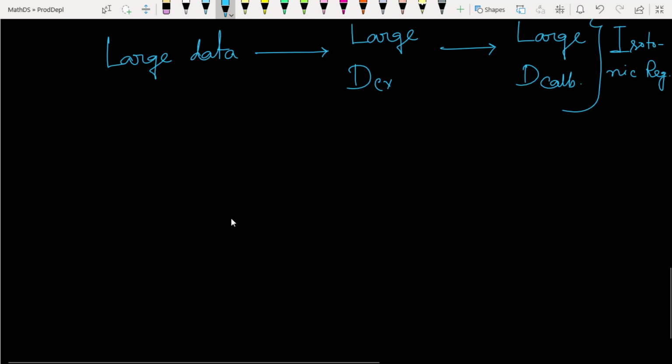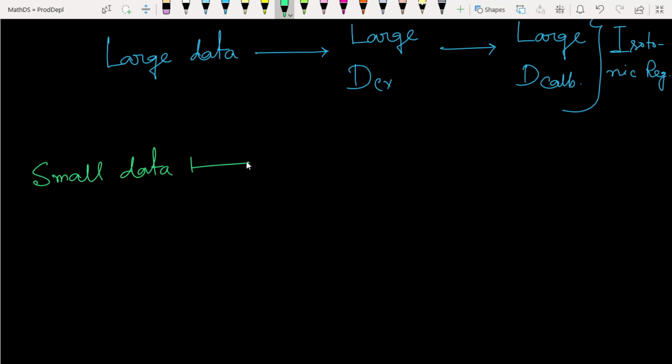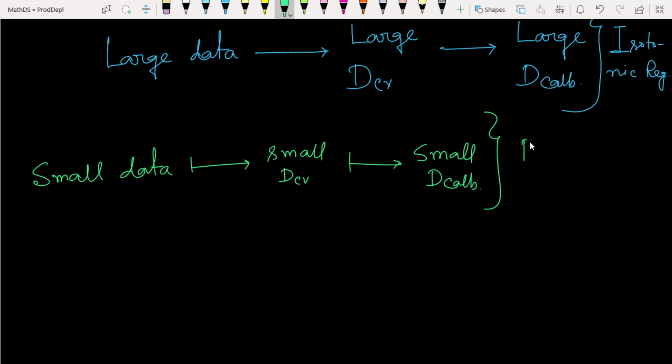But if we have small data, that means we have small cross validation data, which means small calibration data. For these cases, it will be better to apply Platt scaling.